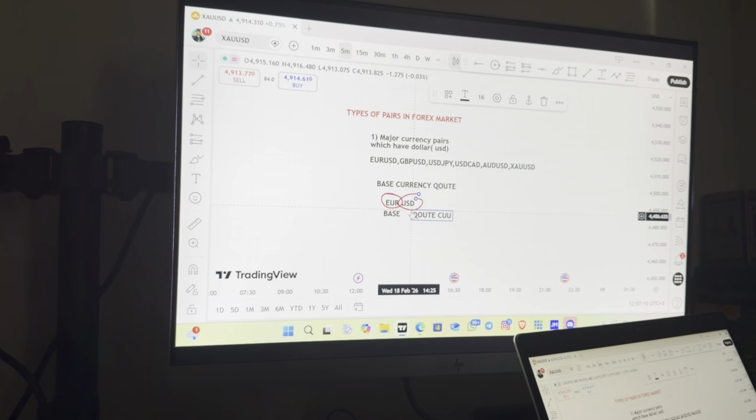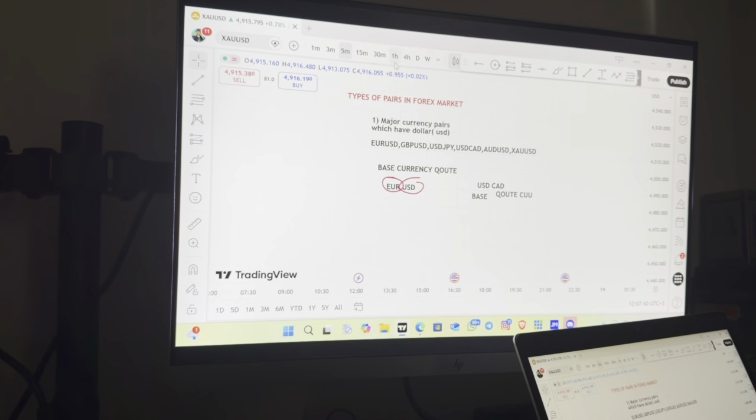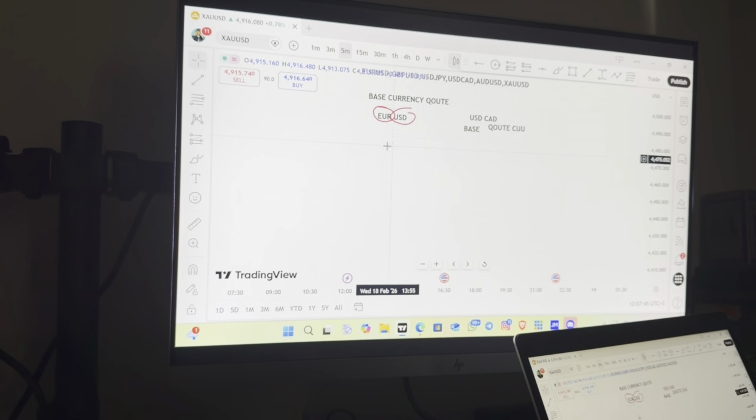The same example, USD CAD: the first USD we call the base, CAD we call the quote. Any pair that comes first, for example Euro, is our base currency, and USD is our quote currency.